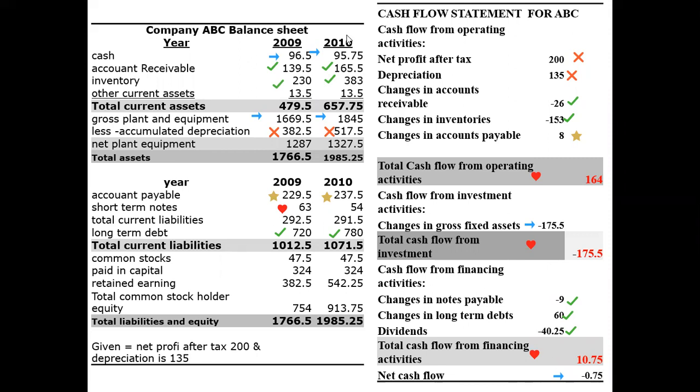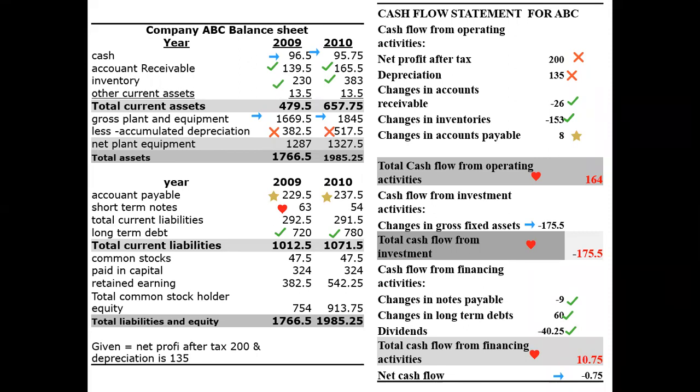How can I be sure? It reflects the difference between 96.5 and 95.75. So this is correct, and I did it in a proper way. This is how you can make sure that your cash flow statements are correct.